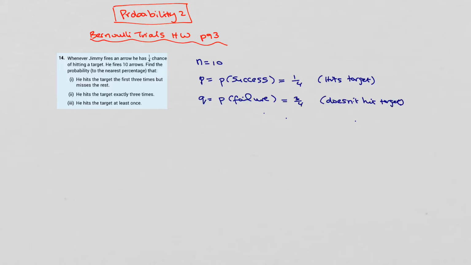Our number of successes will depend on which part of the question we're looking at. The first part says he hits the target the first 3 times but misses the rest.